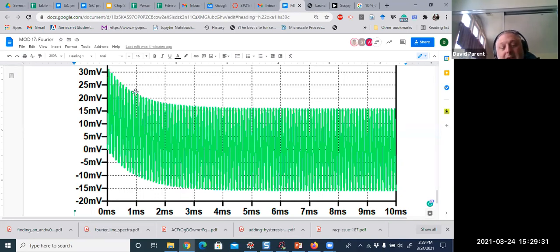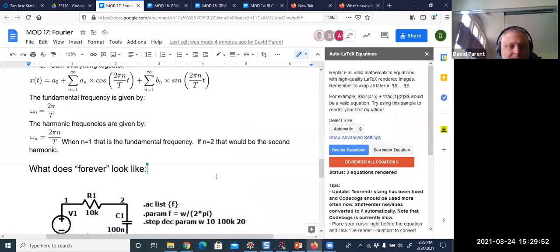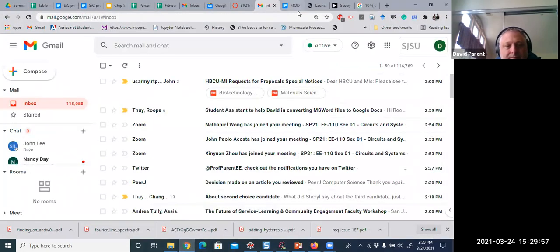But this is like a Laplace way of looking at it, where you're getting the initial startup, and then here you're getting the Fourier, as if it's been going forever. So that's really what forever means.